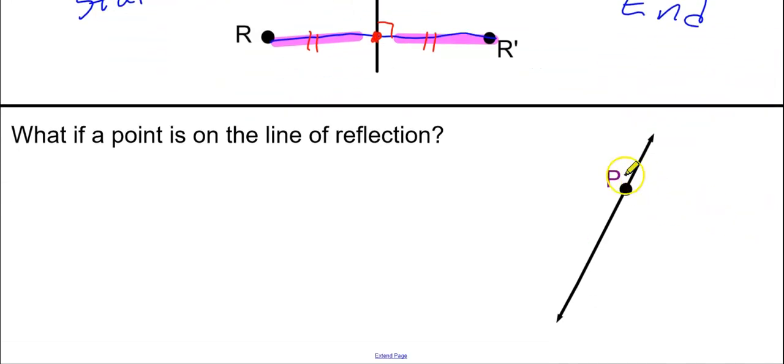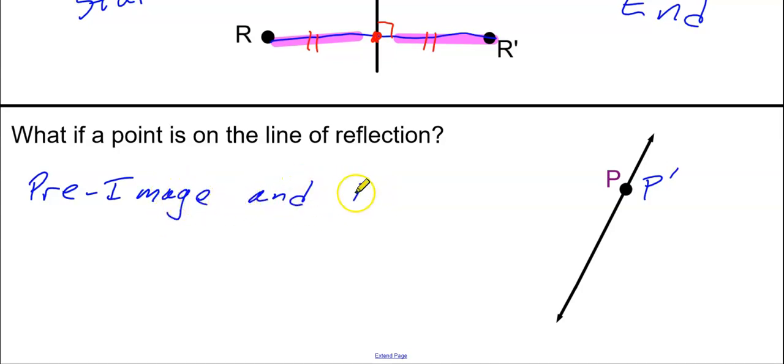Well, what if I am on the line? If I am on the line of reflection and I have to flip over, that means P and P prime are the same point. So what if a point is on a line of reflection? The pre-image and image are the same point.